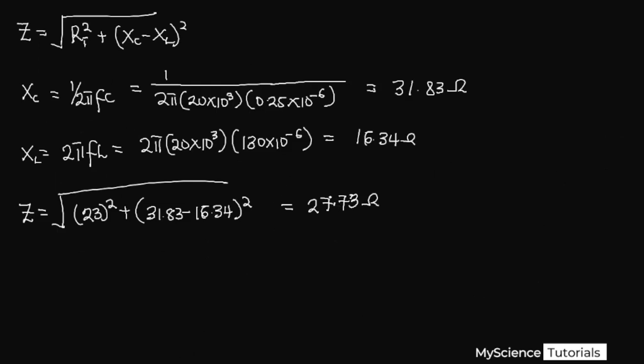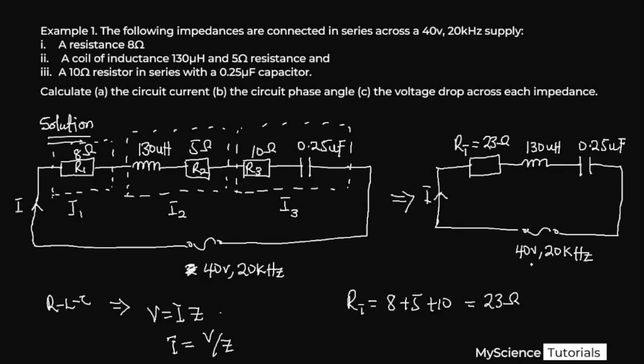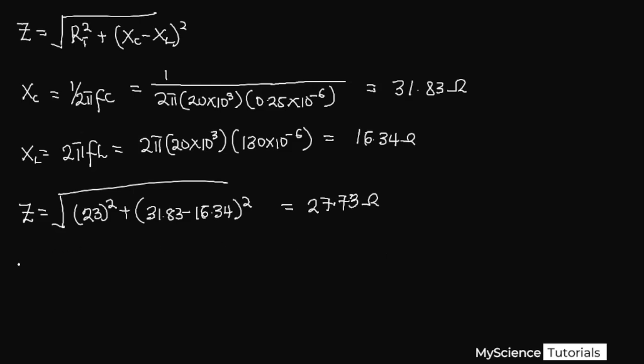Now that we have that, and we were told that our voltage is 40, let's go ahead and find our current. Our current, I, is equal to voltage over impedance.